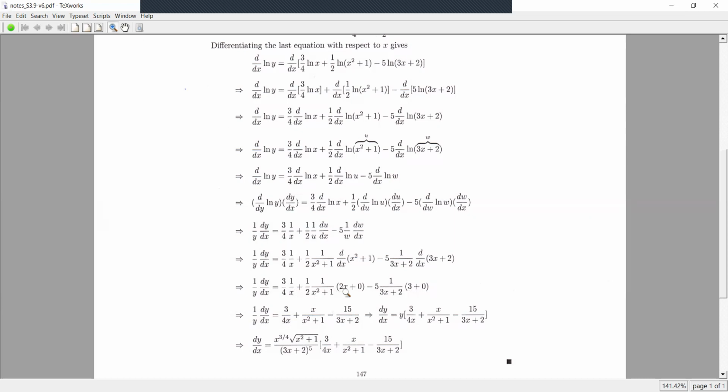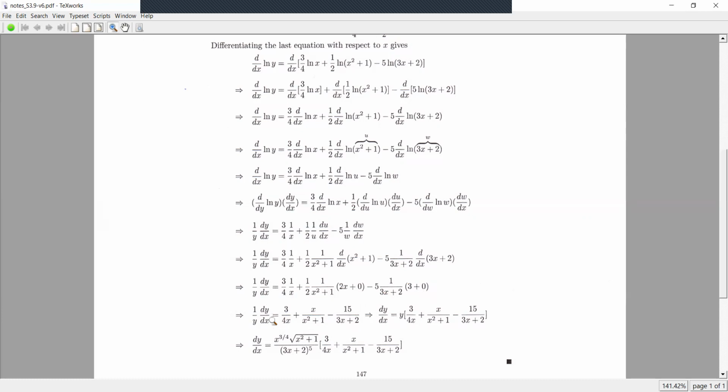And 2x plus 0 is 2x. Cancel 1, 2, then the second term here is x over x squared plus 1. The third term, 3 plus 0 is 3, times 5, 15. So the third term is 15 over 3x plus 2.